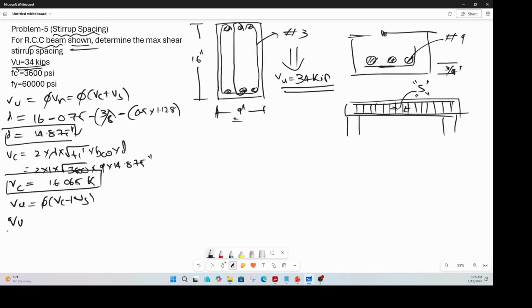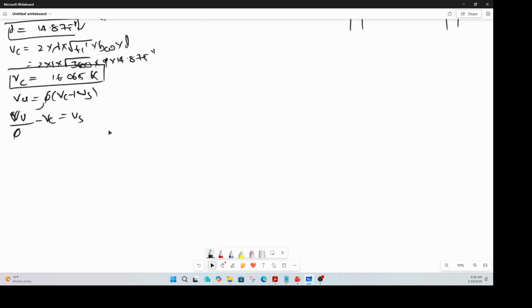So kick the phi to the other side: Vu by phi minus Vc is Vs. Vu is given in the problem statement as 34. 0.75 is the factor. Vc we just calculated is 16.065. This is Vs. That means Vs is 29.268 kips. Okay. So we found Vs.